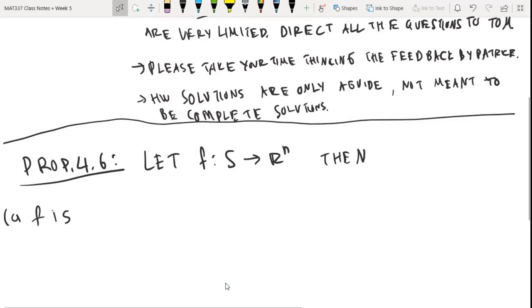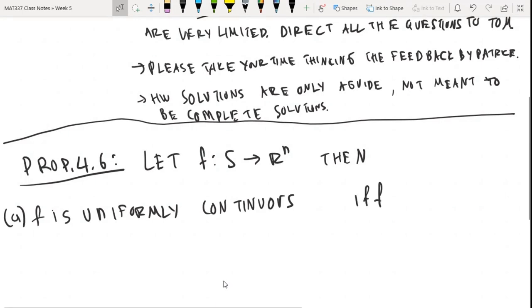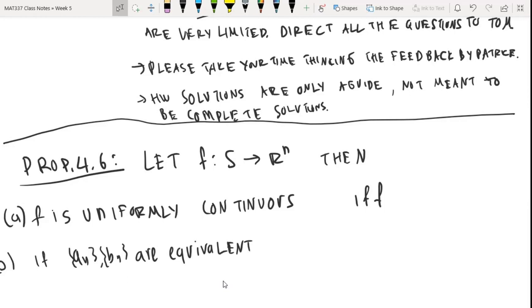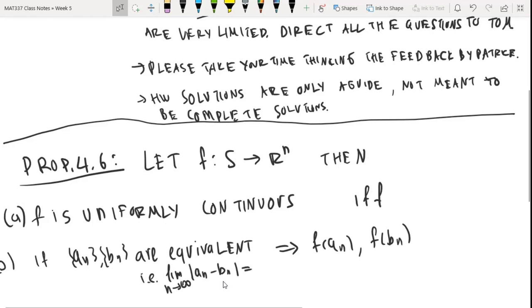F is uniformly continuous if and only if, for any sequences an, bn that are equivalent, their images f of an, f of bn are also equivalent. Equivalent just meant their limit is 0.